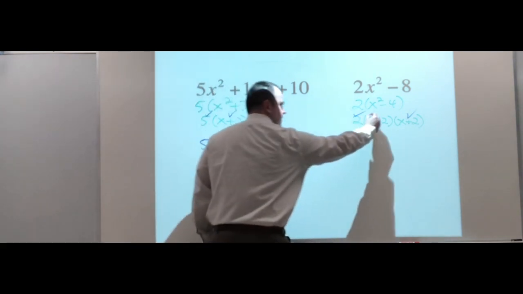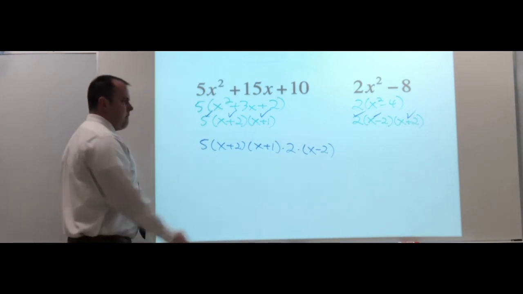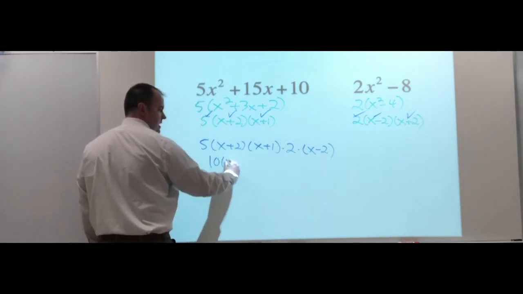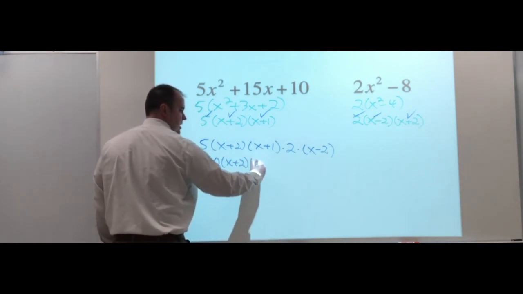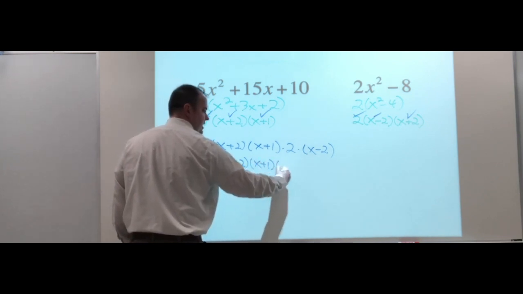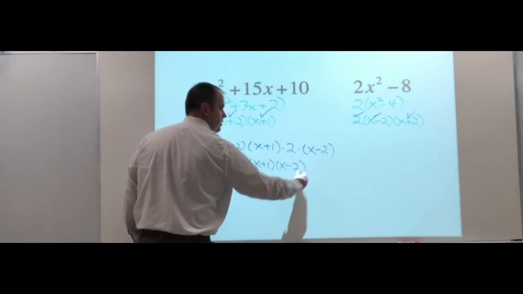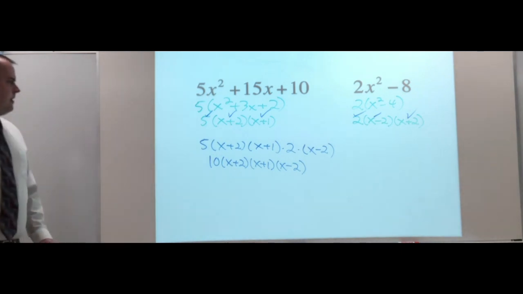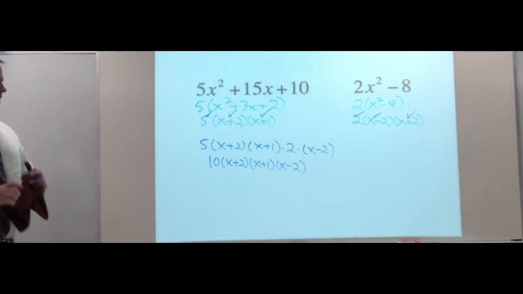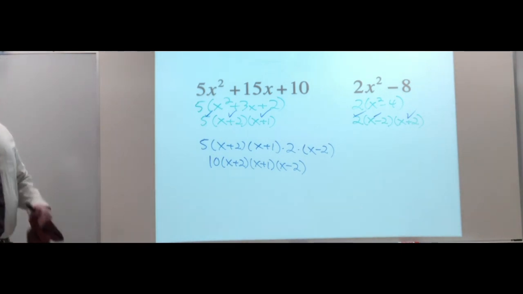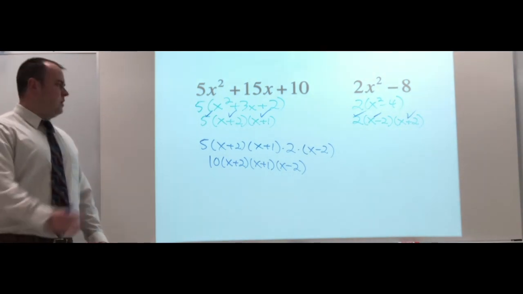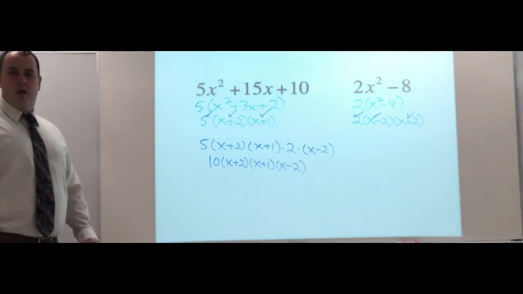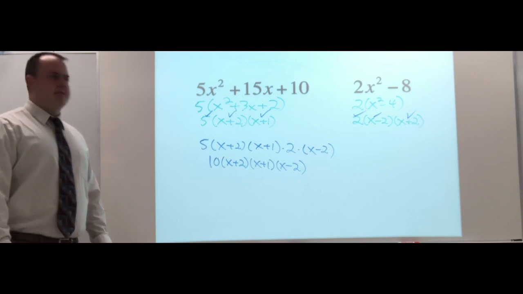So everything's now represented. If I'm going to clean that up, 10, x plus 2, x plus 1, x minus 2. Okay, every piece is represented. It's nice and cleaned up. You can't combine any of the binomials here, or at least you don't need to. If you want to multiply them, you can, but you don't have to. That's it for part 1.